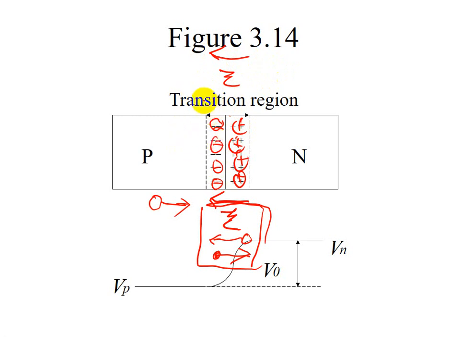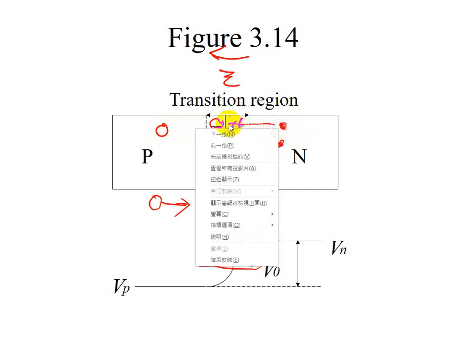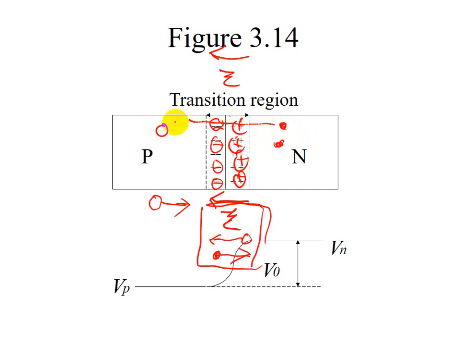This goes against the natural diffusion of electrons or holes, because the natural diffusion process pushes the electrons to the left, but the electrical field tries to push electrons to the right.